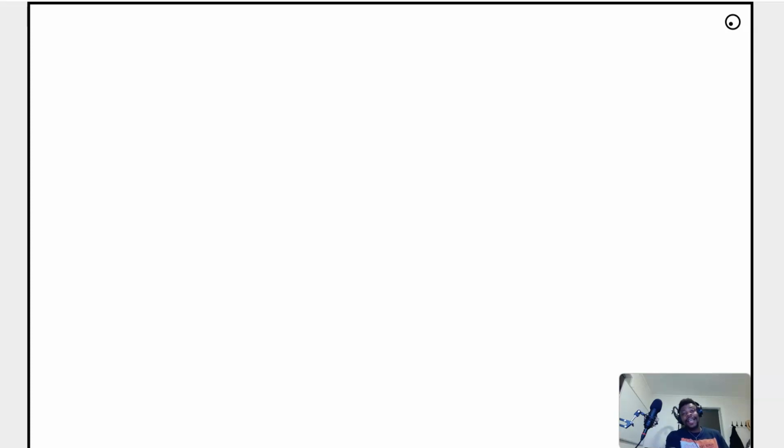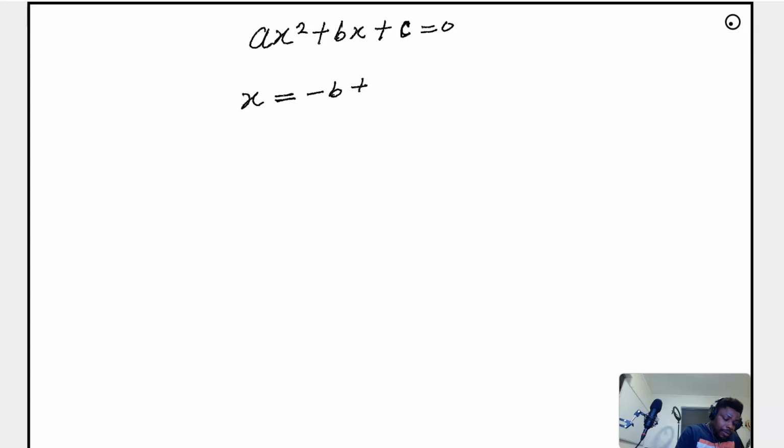Now, let's start. Remember our quadratic formula, which is gotten from ax squared plus bx plus c is equal to 0, where our quadratic formula is x is minus b plus or minus the square root of b squared minus 4ac all over 2a.